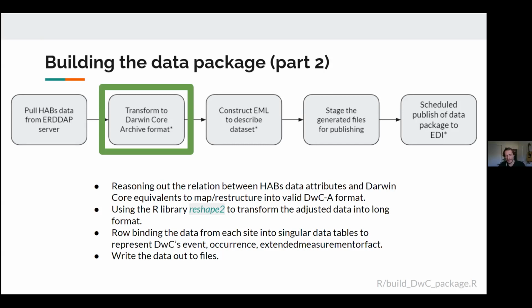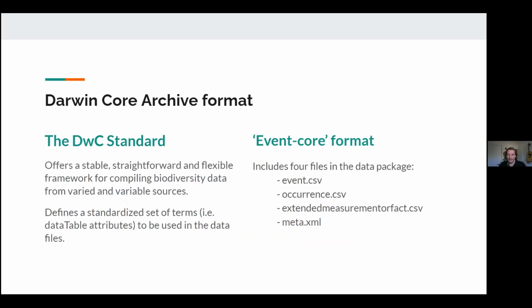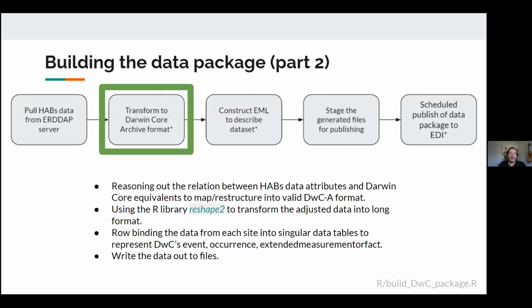But essentially, we're using a few different R libraries to do this transformation. And what we end up with is that set of files, event, occurrence, extended measurement or fact, and meta, that is inclusive of each of the sites that we've ingested from ERDDAP.